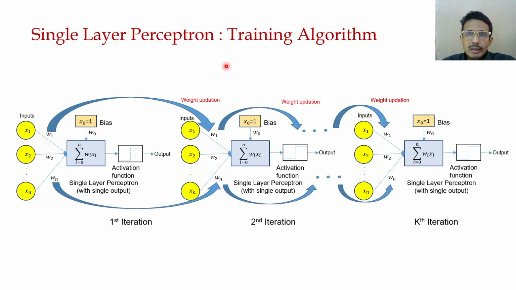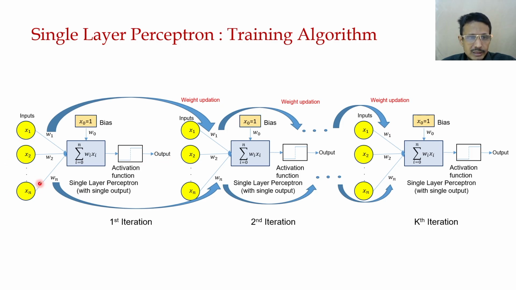Now this is the training algorithm. At the very beginning, W1, W2, Wn are initialized. That is called parameter initialization. This initialization is arbitrary. You can put everything 0 or some random values, even for W0. Then we feed x1, x2, xn, and we know the corresponding output since it is labeled data.